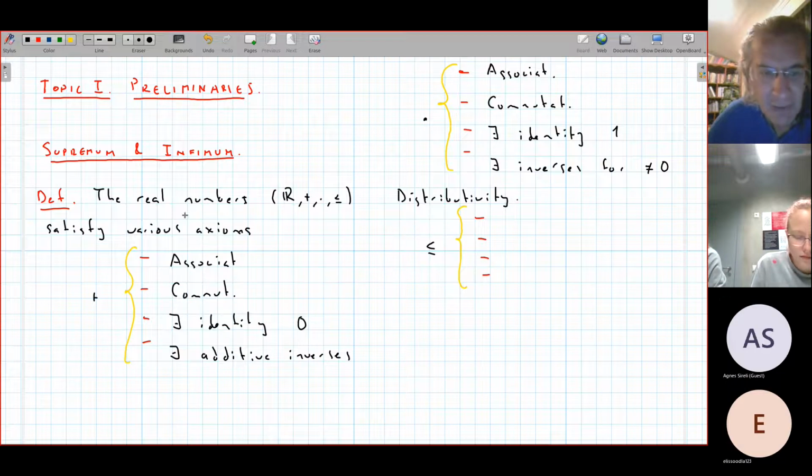But in addition to all of these axioms, there is one more axiom satisfied by the real numbers.